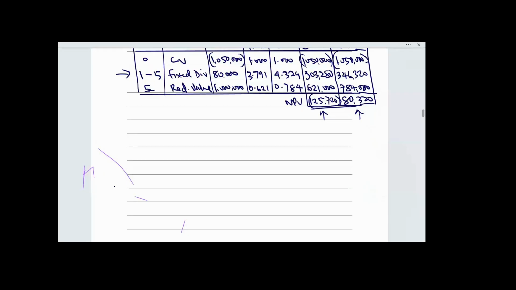KD, or internal rate of return, is equal to the lower discount rate plus the NPV of the lower discount rate divided by NPV of the lower plus NPV of the higher, all multiplied by the higher minus the lower discount rate.